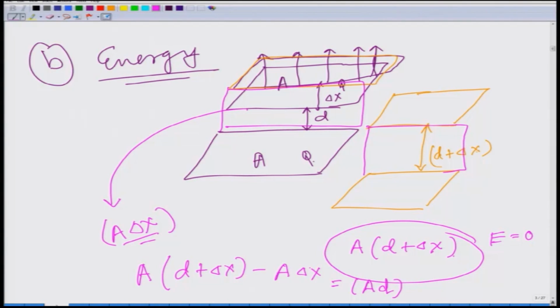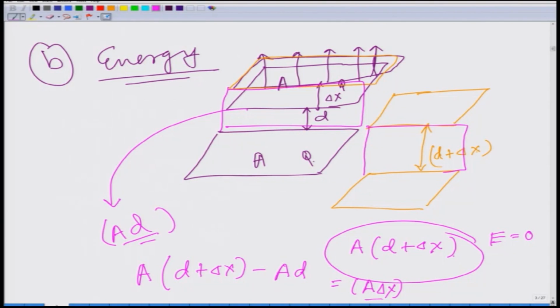So the change in volume is actually A times delta x.